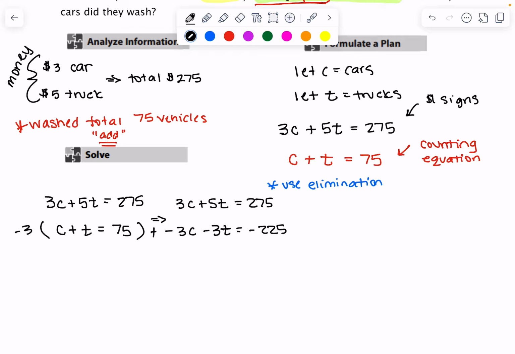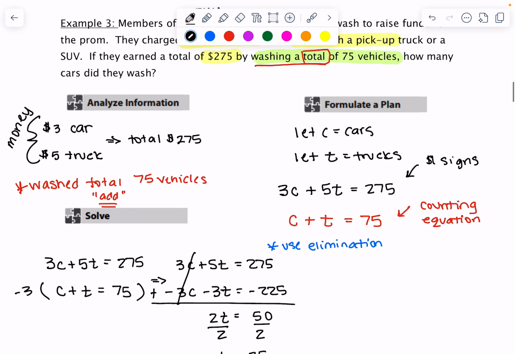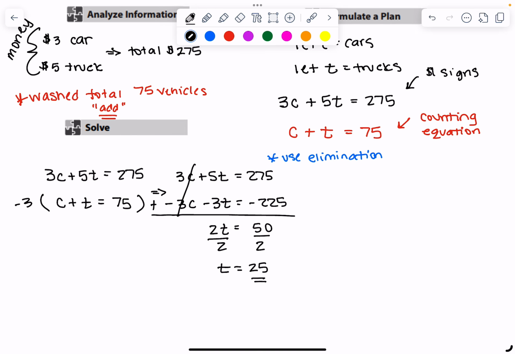When I add them together, I get 2t equals 50. Divide both sides by 2, and I get the total amount of trucks is 25. I don't know how many cars yet. I'd only found trucks, and that's sort of the question they're asking. How many cars did they wash? So now I've got to take that 25 that I got here and plug it back into one of the original equations.